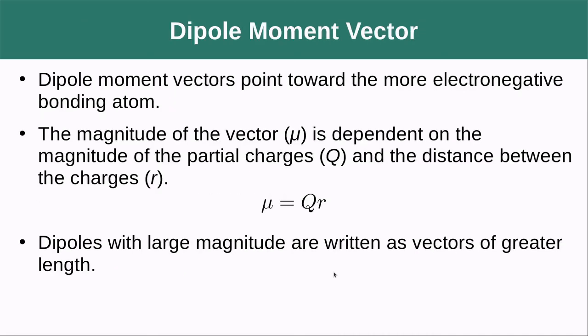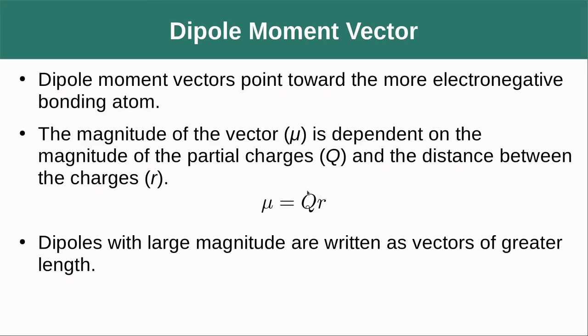Our dipole moment vectors are going to point towards the more electronegative bonding atom. The magnitude of the vector, given by mu, is dependent on the magnitude of the partial charges and the distance between the charges. So as the distance increases, the dipole moment is going to increase. We pull those two charges apart, inputting energy, which is going to yield a higher dipole moment.